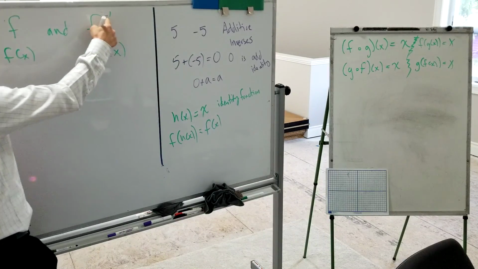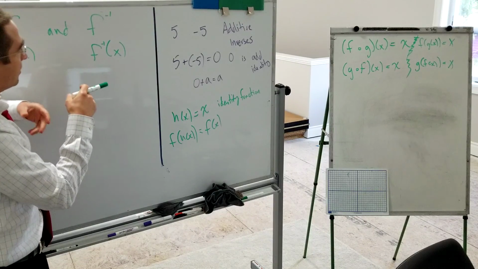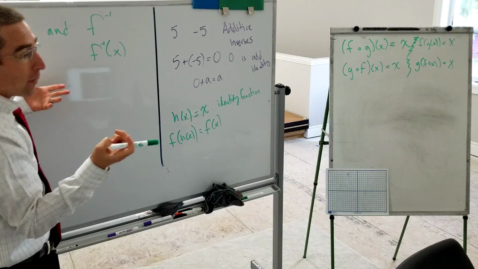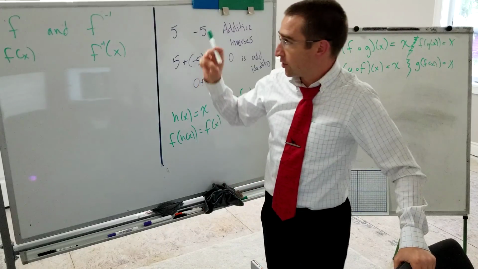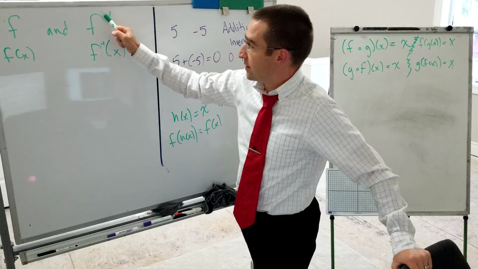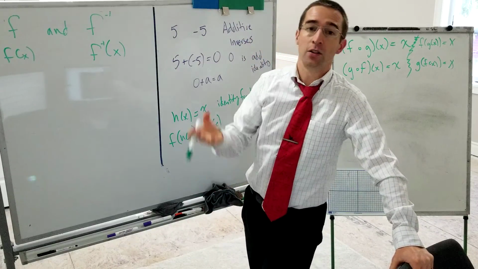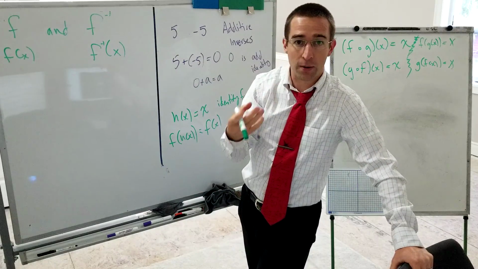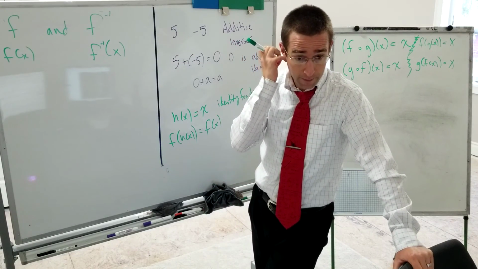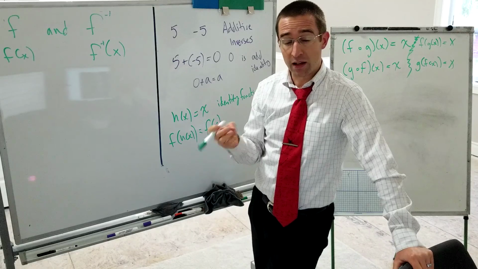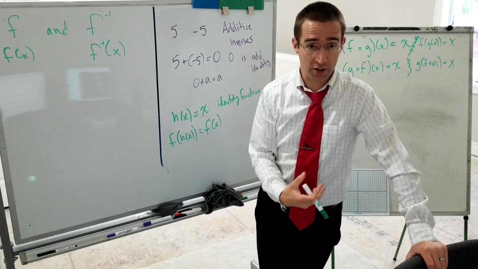This little -1 is not an exponent. It's not saying divide by f one time. It is just a little notation saying that this is the inverse of that. And if it was g of x, you would have g to the -1 of x to represent the inverse of g. Okay, so basically, inverse functions are functions that undo each other with respect to the composition.